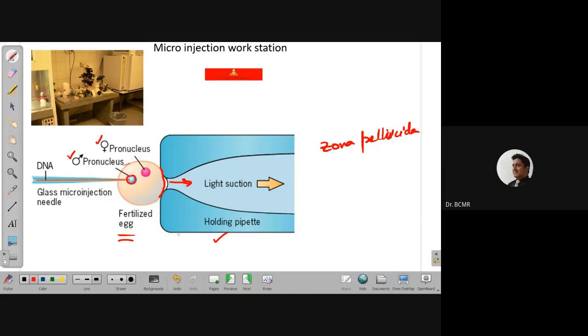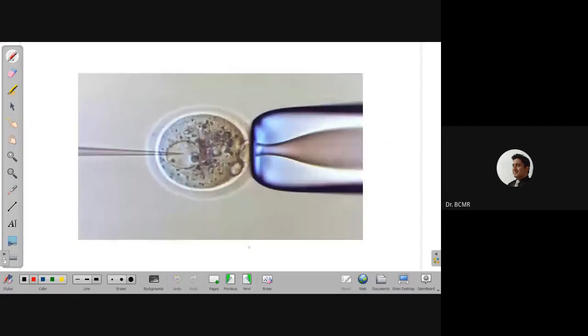And then hopefully it will get integrated. So this is how it would look under the micromanipulator. This is the holding pipette. Everything is done under the microscope, so that one can visualize where the injection is done and so on.